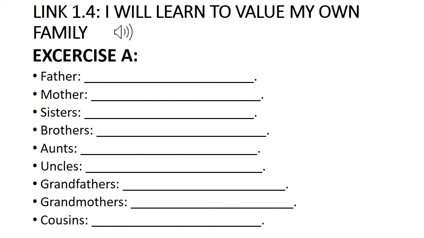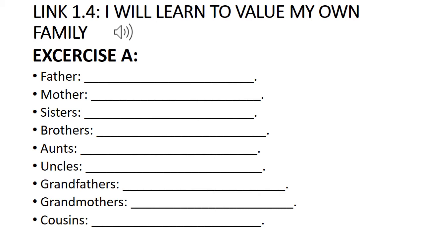And if you don't have any of the members of the family written over here, then you don't have to circle them. Now, the second thing that you have to do in this exercise is write their names in the blanks given in front of them. For example, you have to write the name of your father.